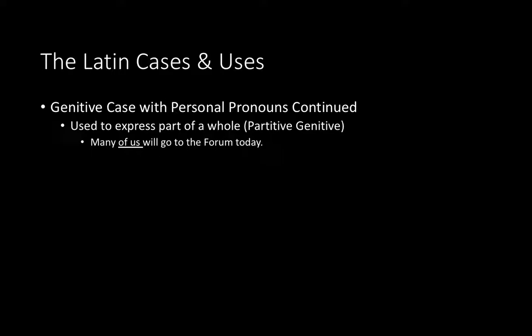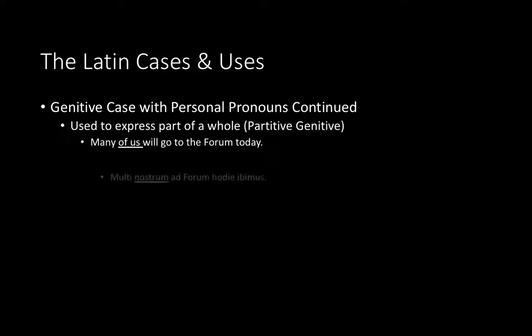So many of us will go to the forum today. The us is the whole and has to be written in the genitive form because it's not all of us, it's just many of us.